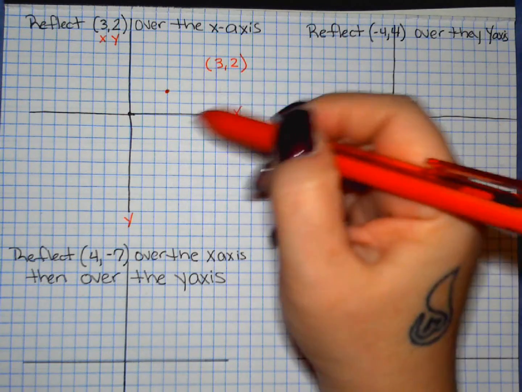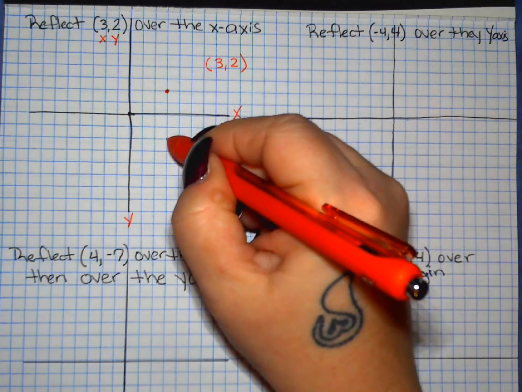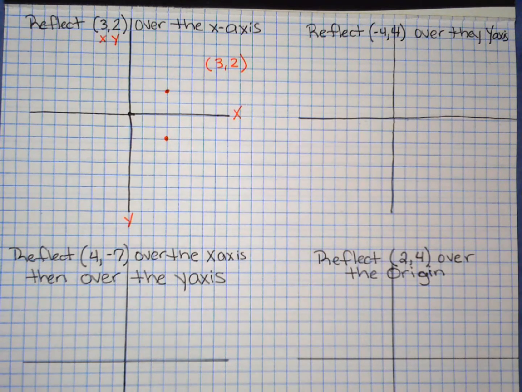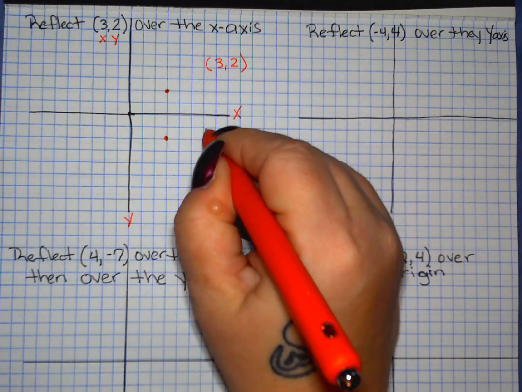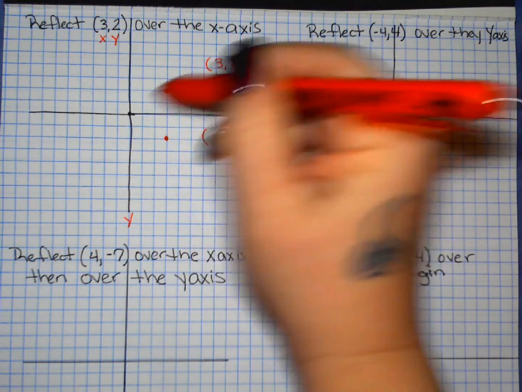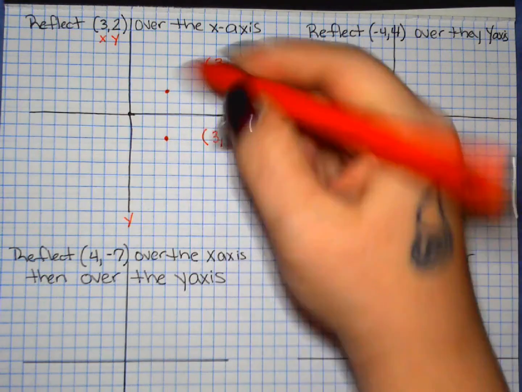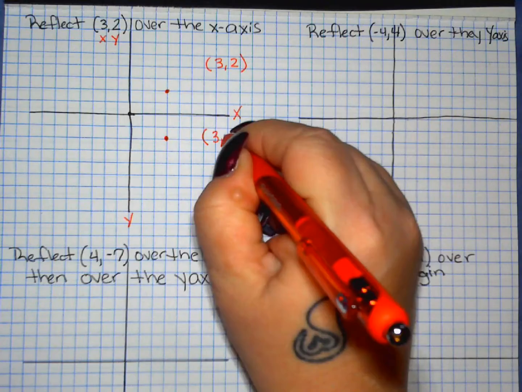And I do that by placing it there. Now, what's the point location for my new ordered pair? Well, my new ordered pair is still 3 over, but this time it's -2.